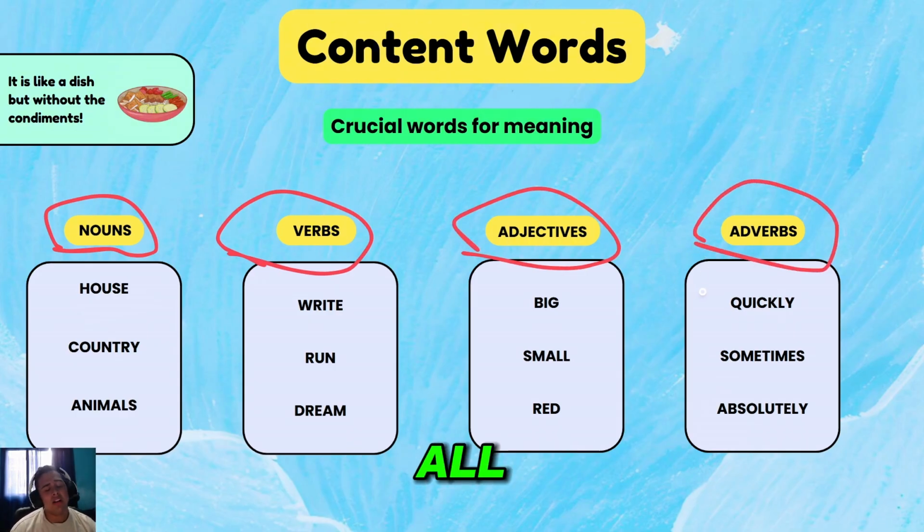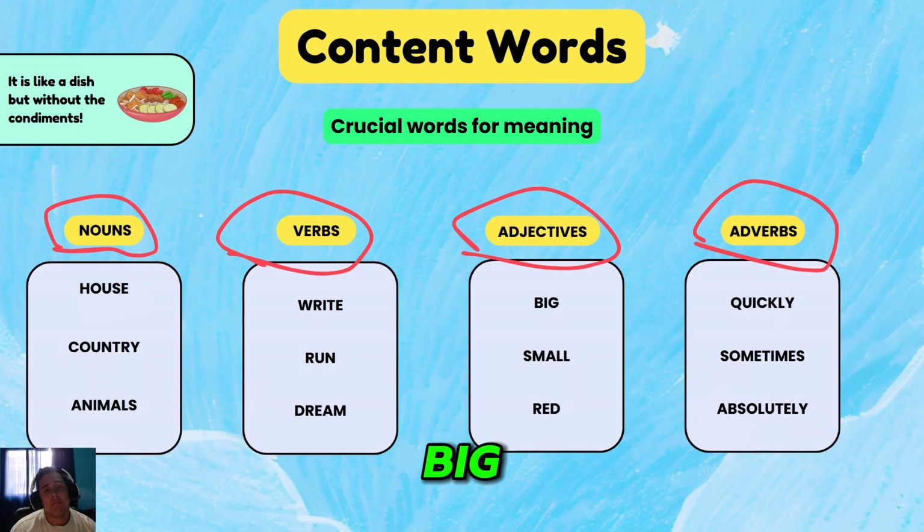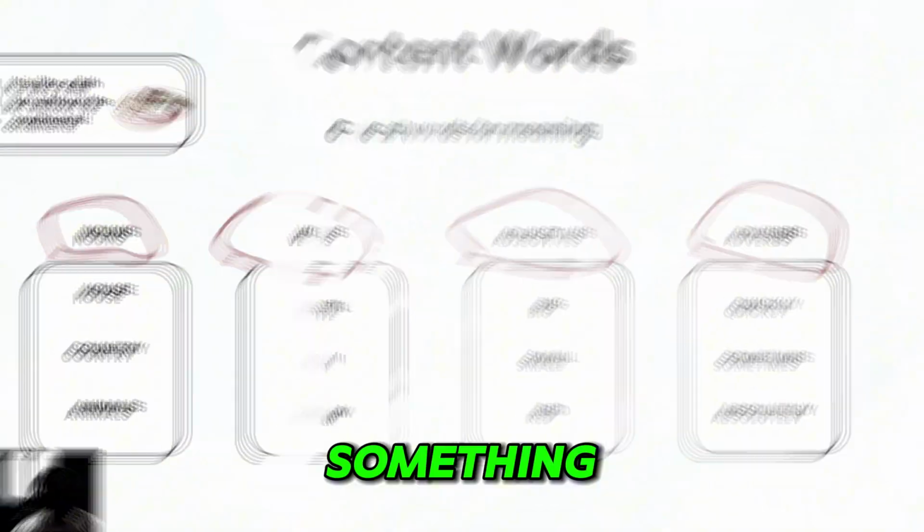Those are all the things that we can say: big, small, red, wrong, right, dream, house, country, animals, and so on. But if we say "big red house," the sentence will be missing something.